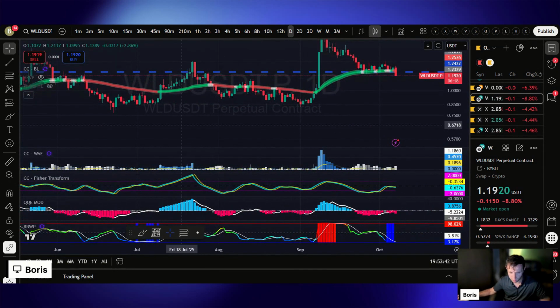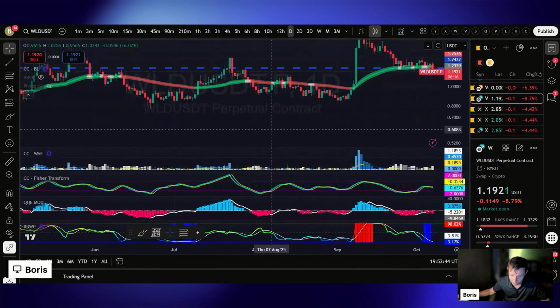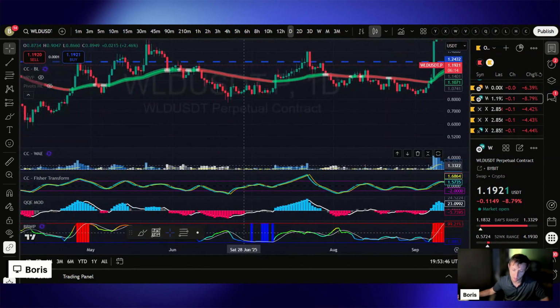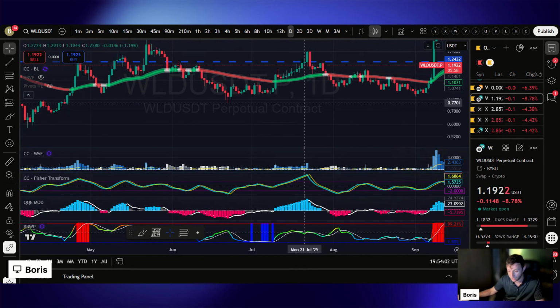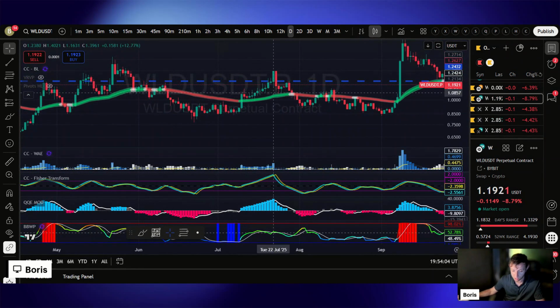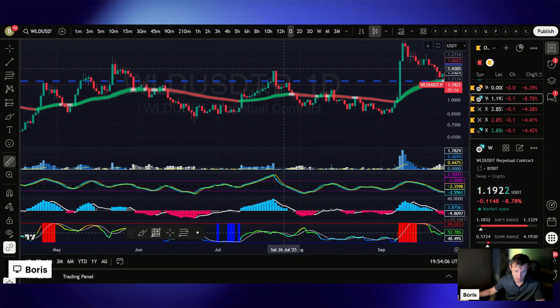Let me show you guys what I mean by the BBWP. It started flashing blue right here, and then you can see this is a period of relatively low volatility, relative chop. And then when volatility started to expand, WorldCoin actually shot up to the upside. This was a pretty significant move.